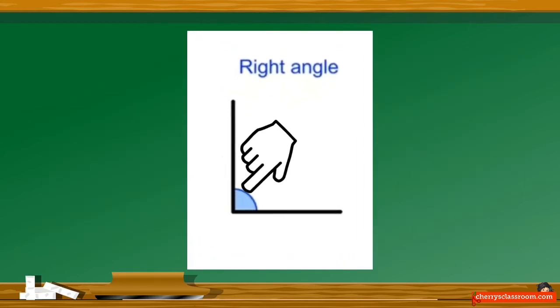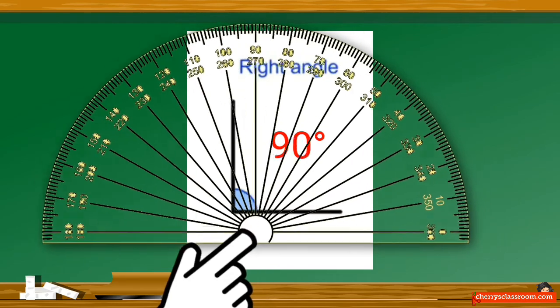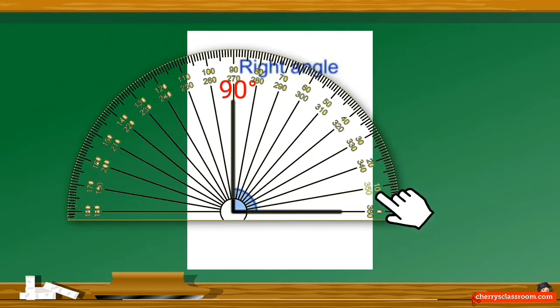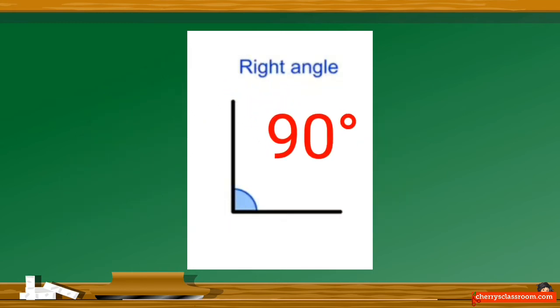The space here in right angle measures 90 degrees. Zero, 10, 20, 30, 40, 50, 60, 70, 80, 90. 90 degrees.